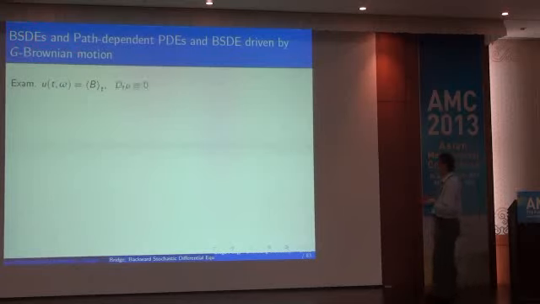A very interesting example is that if we define U(t, omega) to be the theoretical variation process, then we can prove, just because of the formula, that d_t u equals 0, d_x u equals 0 uniformly, and d square u is equal to 1.